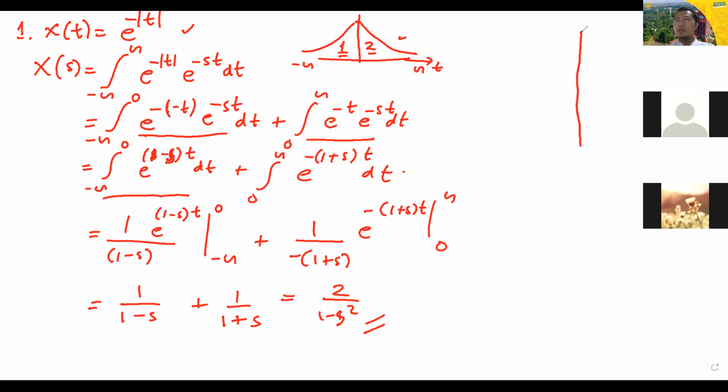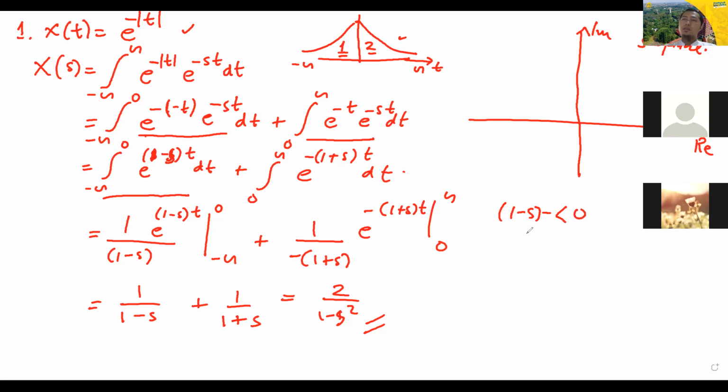Okay. And then we draw the ROC here. This is the imaginary part. This is the real part of the s-plane. And then for the first part, you can see here it should be less than 0.